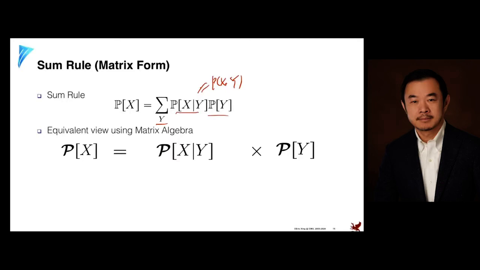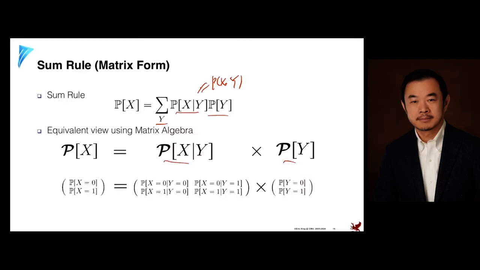This one is a table, this one is a table, and this one is a vector. By doing this matrix algebra, we get down to a matrix times a vector leads to a vector. So this is called a sum rule.